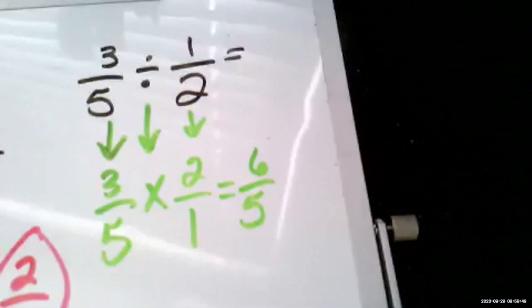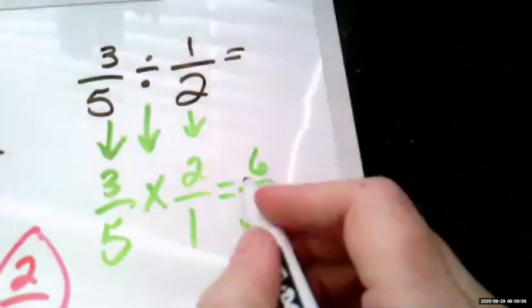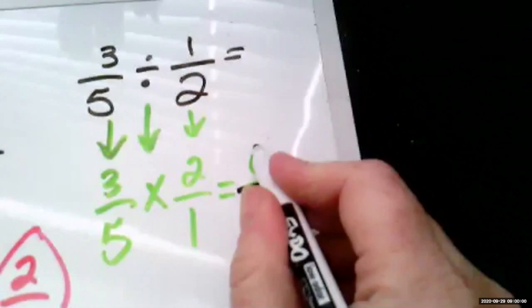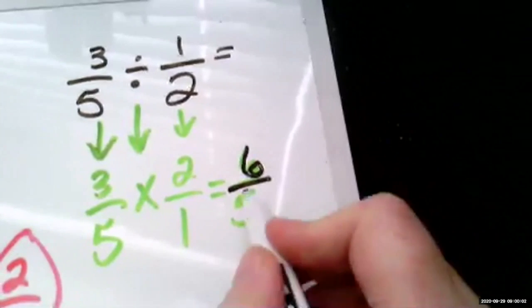Now 6/5 can reduce. That was another thing that we talked about before we took our big math test here. 6/5, you cannot have a top number that's bigger than a bottom number.